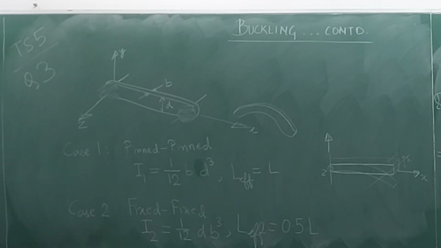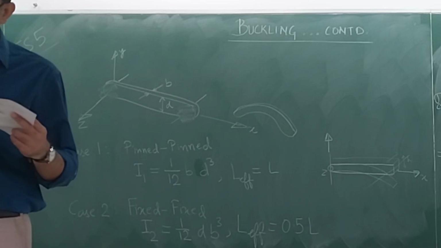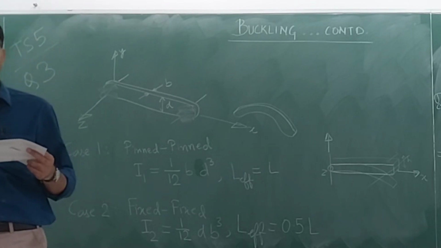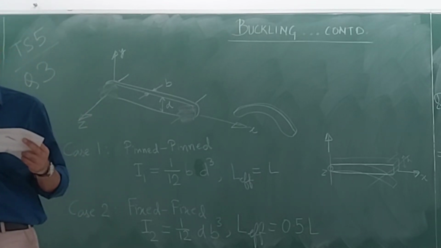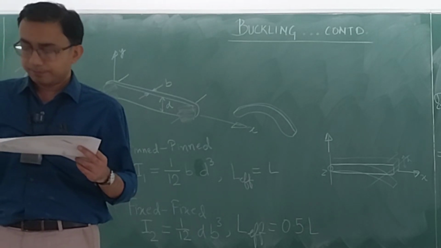So if you do not trust me, you can look at question number 10. Look at question number 10. So for a column with clamped conditions, the critical load may be determined by solving, and I've given you various kinds of instructions on what to follow and how to go about doing the problem. And look at the ultimate answer.